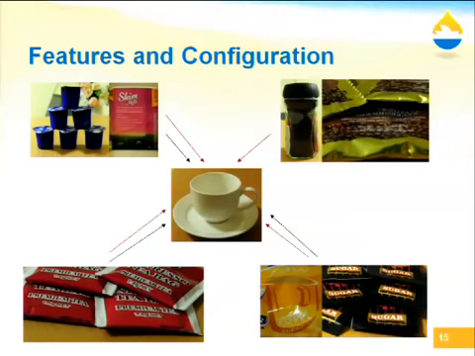So the recipe doesn't change depending on the ingredients. The recipe can use the ingredients, and the ingredients can be used by the recipe as well. Do you guys understand? Really? Very confusing. So basically, features are the recipes, configuration is the ingredients.